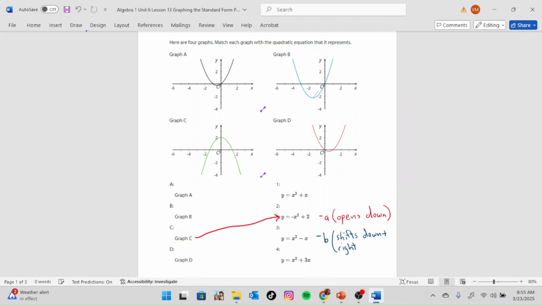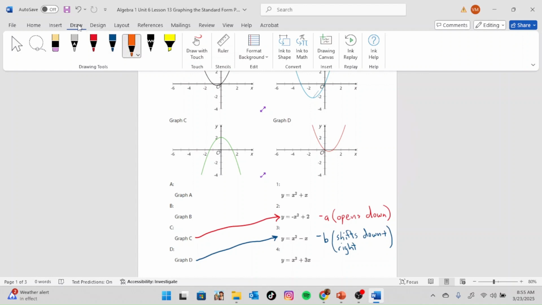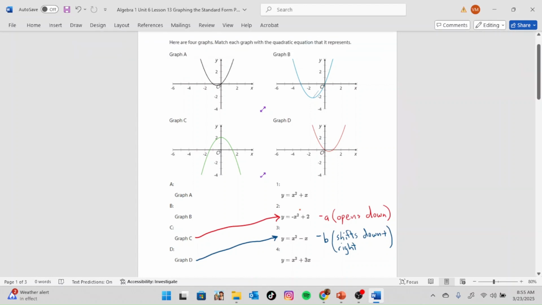So that means graph D must be equation 3. So now we have a positive 1 and we have a positive 3. If I look at graph A, it has shifted down and left so that I have an x-intercept at negative 1.